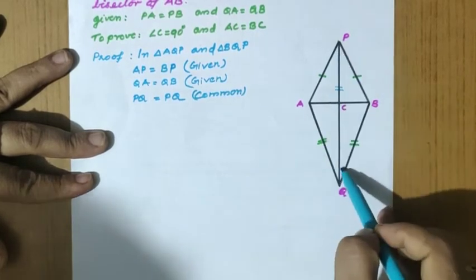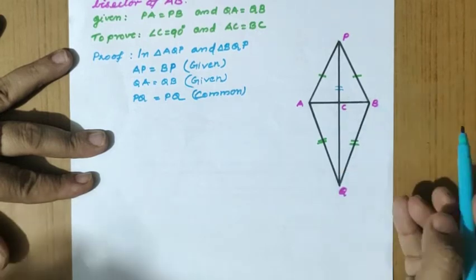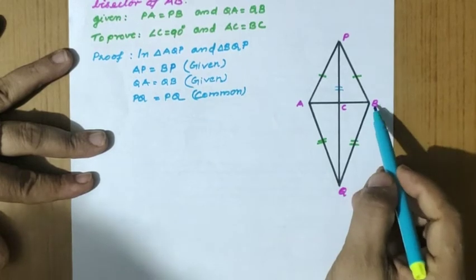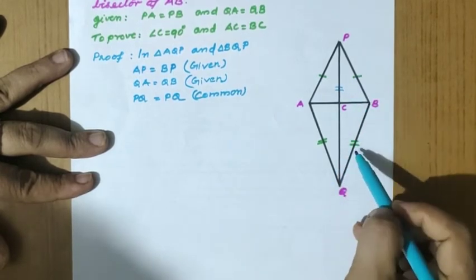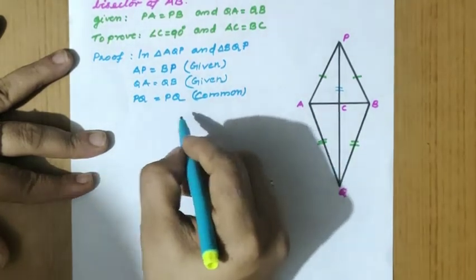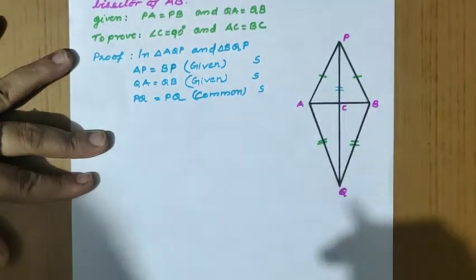So the third side, the common side PQ, comes there. Similarly, we go to the other triangle, BQP. So BQP also has the first equal side, second equal side and third equal side. So by SSS criteria, because this is also a side, this is also a side and this is also a side.